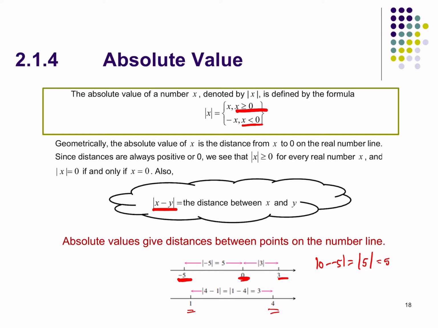But if you start with 1 first minus 4, you will end up with minus 3. So the magnitude of minus 3 is equivalent to the magnitude of 3, which becomes 3. This means the distance between 1 and 4 is 3 points. So that is the definition of the absolute value, to find the distance between two numbers.